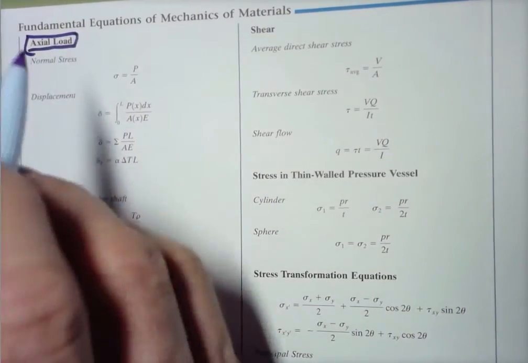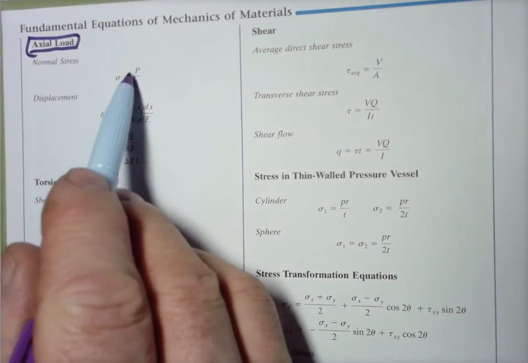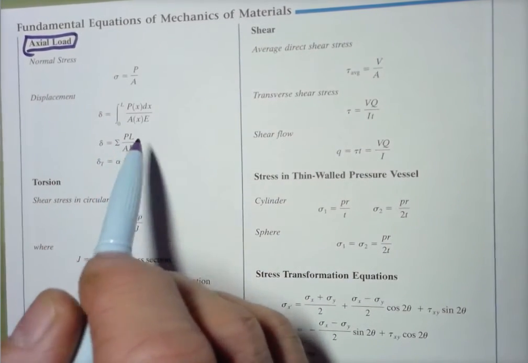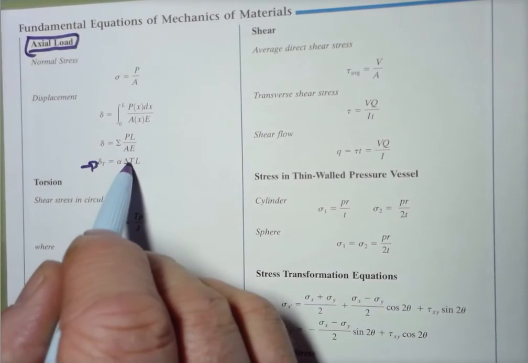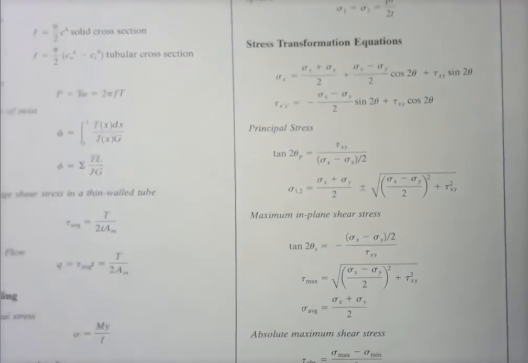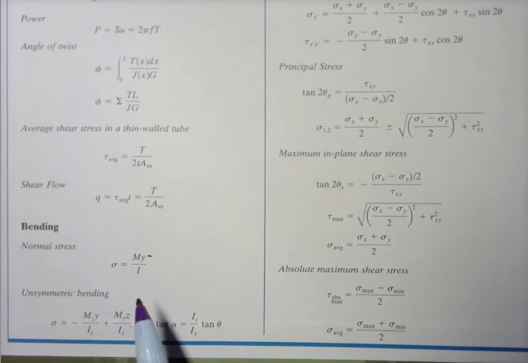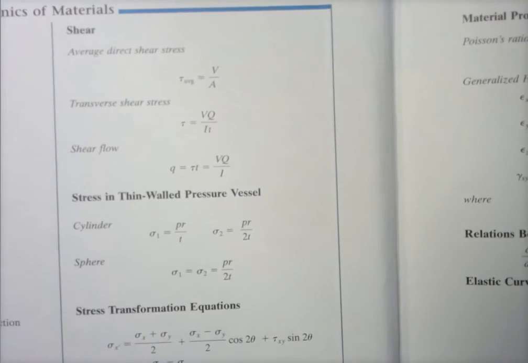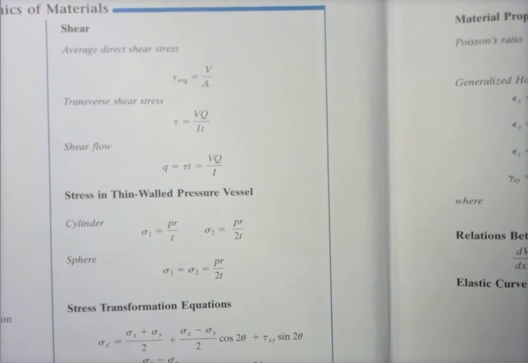There's axial loading, and what do we see? Sigma equals P over A, delta equals PL over AE. There's that thermal expansion, alpha delta T L. That's all the stuff we've covered. And then down here we've got bending, M y over I, and we've got shear stress, VQ over It. We've got all sorts of neat stuff going on here.